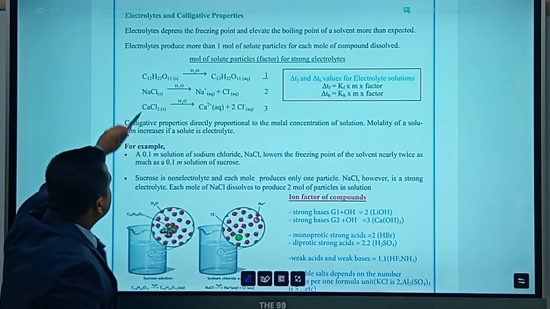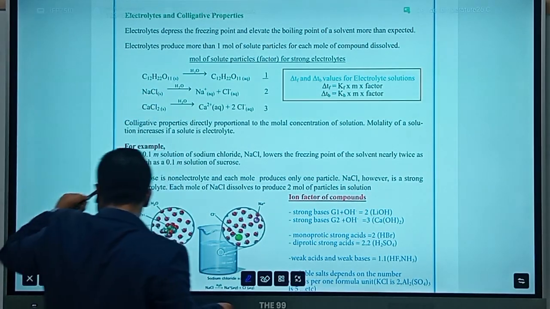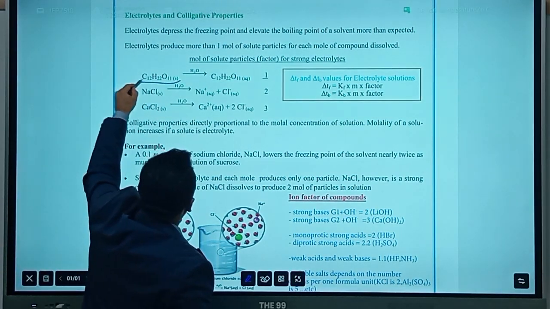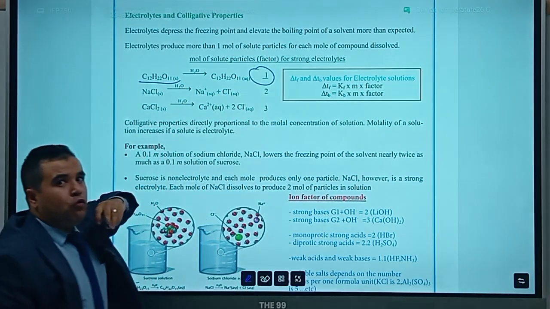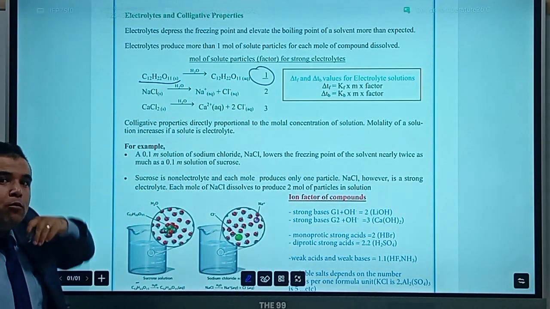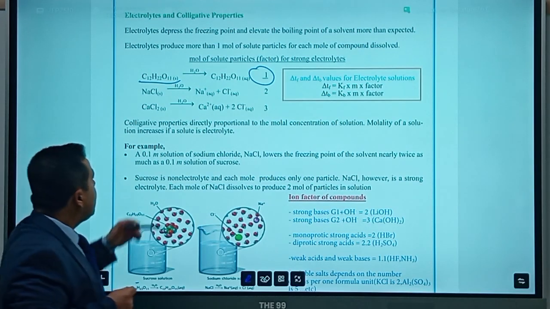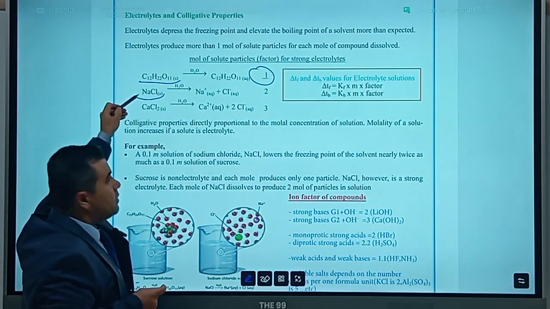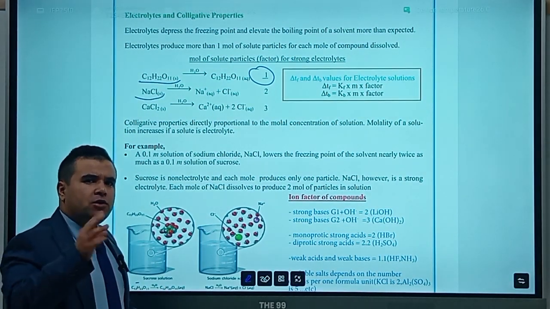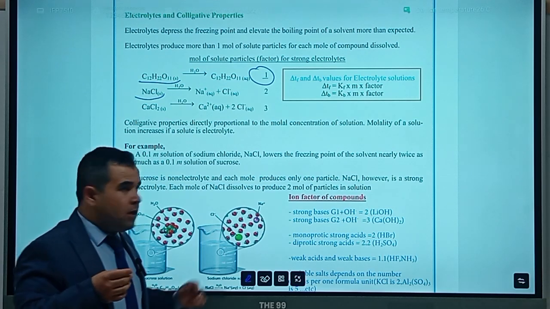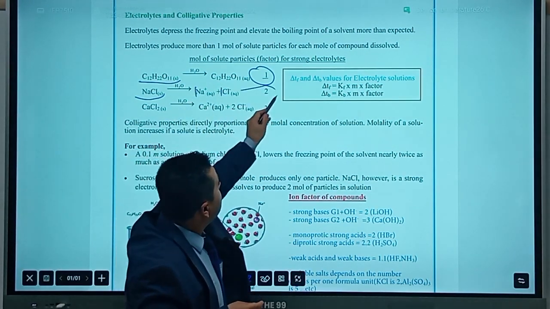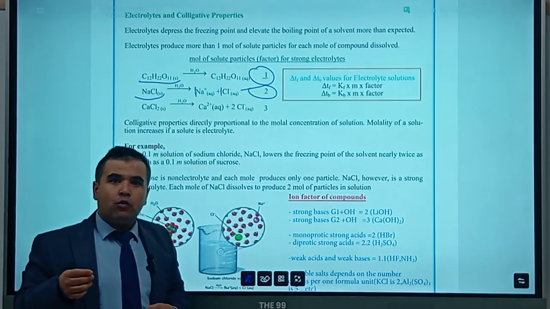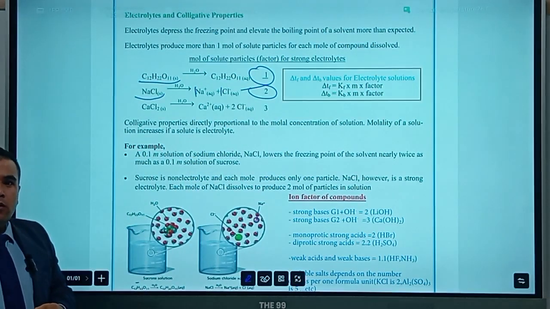For example, guys, if sugar, which is a non-electrolyte, dissolves, we get one dissolved molecule from one molecule of sugar. But when we dissolve NaCl, it undergoes dissociation and will produce two ions. The summation of the produced molecules or ions becomes 2.